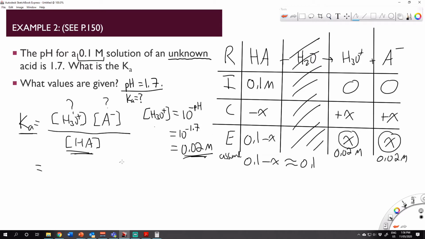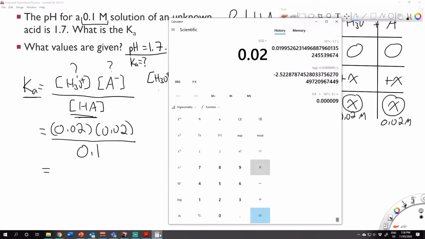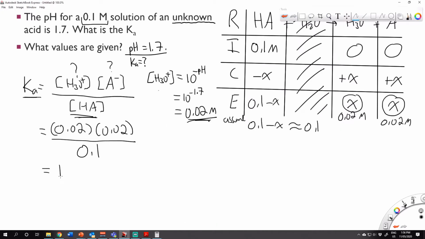Now we have all the information to calculate Ka. The concentration of hydronium, 0.02 molar, concentration of conjugate base, 0.02, concentration of the original acid, which is 0.1, and now we can calculate Ka. So in our calculator, 0.02 times 0.02 divided by 0.1, we have a Ka of 1 times 10 to the negative 1.